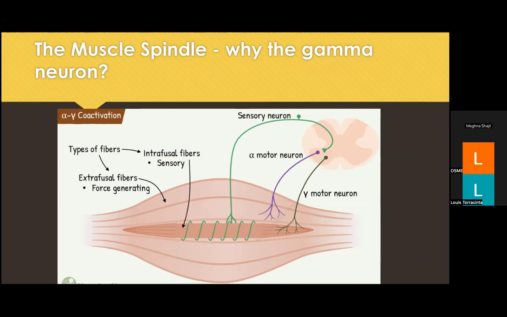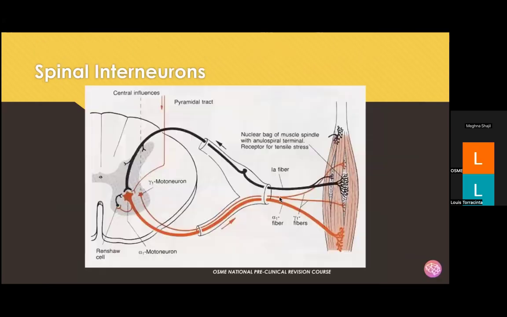Whereas if it's partially stretched, you need a gamma motor neuron to sense that. That's basically the point of the gamma motor neuron. And this is just another chart. So you have these alpha neurons and some gamma neurons, which are measuring stretch at the same time, because as the muscle stretches, you need redundant neurons to provide that information. So it's not just a binary state of stretch or no stretch, which would come from the sensory neurons.